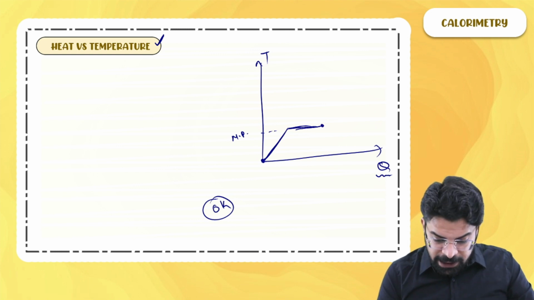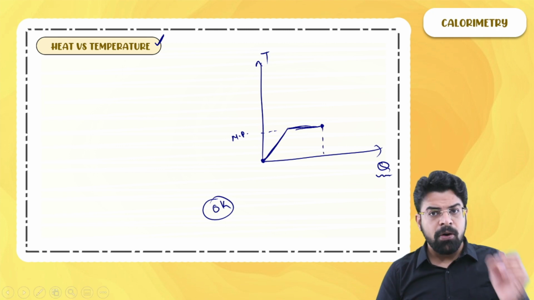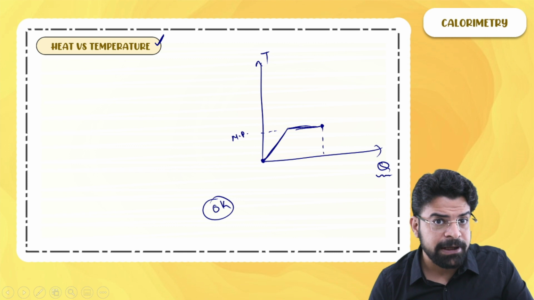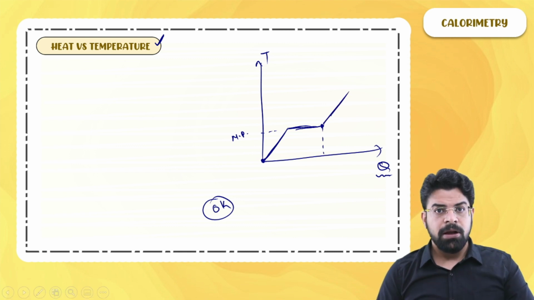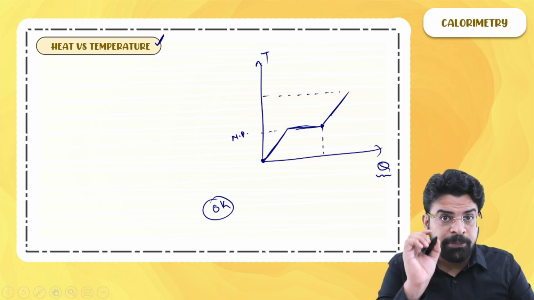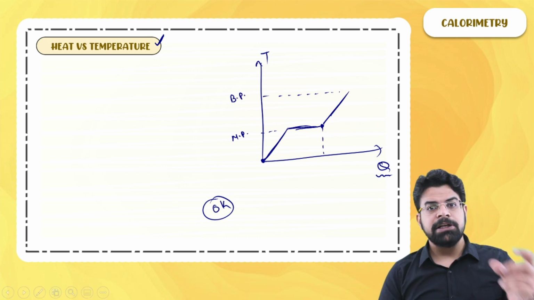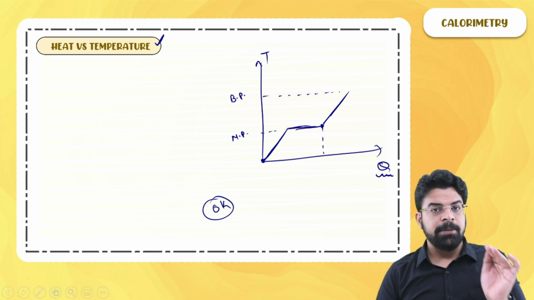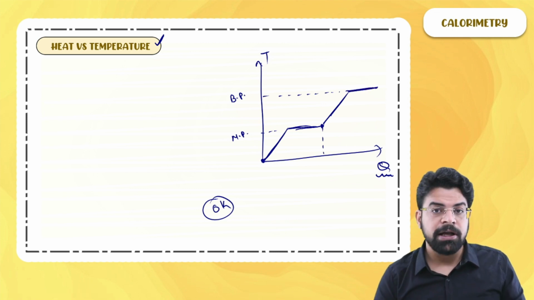Once all the solid has converted into liquid, then on further providing heat, the temperature of the liquid starts to increase. And it keeps on increasing till the time the temperature of the liquid reaches the boiling point. Once it reaches the boiling point, then on further providing heat, the temperature of the liquid remains constant. It does not increase.